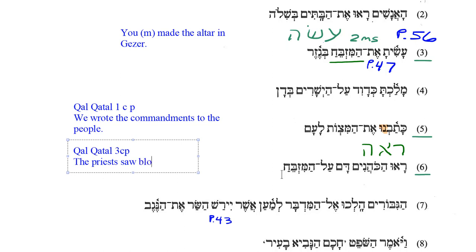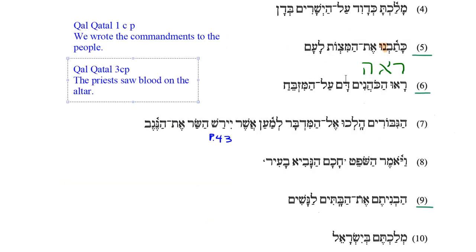So they saw blood on or upon the altar. So here's a case where we have a plural subject matching a plural verb. And because it's common, masculine or feminine will both match it. So the priests saw blood on the altar.